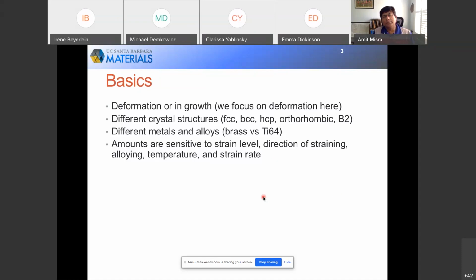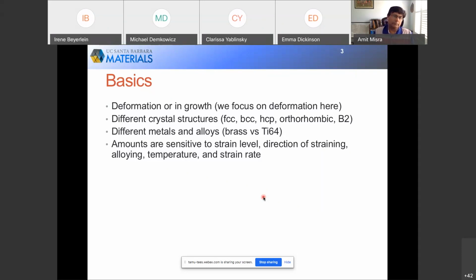So that lecture is relevant to this one in particular because twinning usually occurs alongside plasticity or slip. And what we find is that in that competition, in some materials, slip would dominate over twinning. So when does it occur?